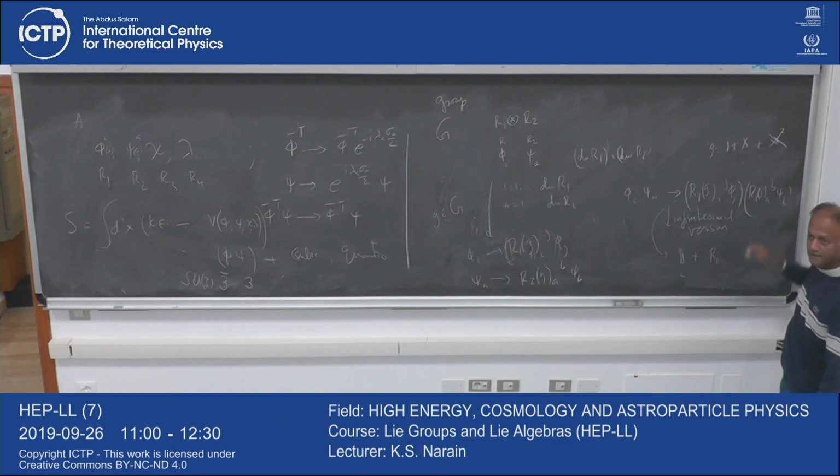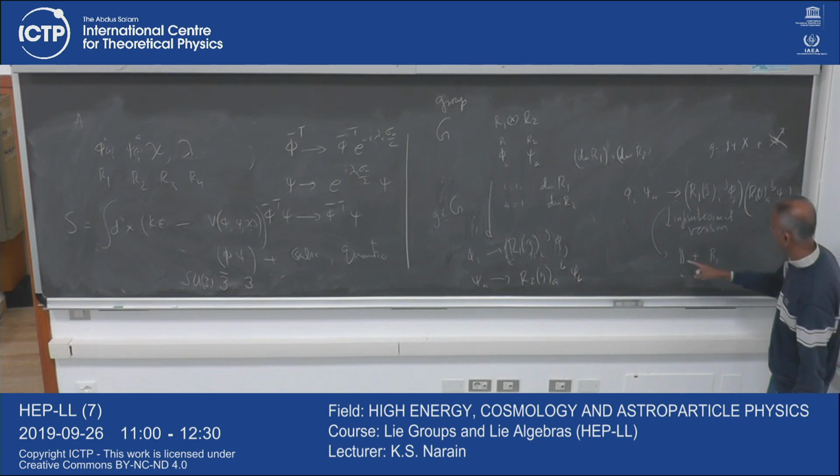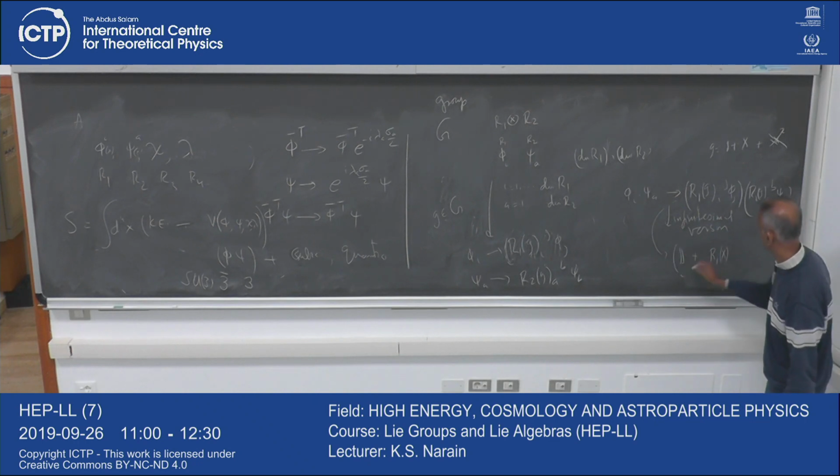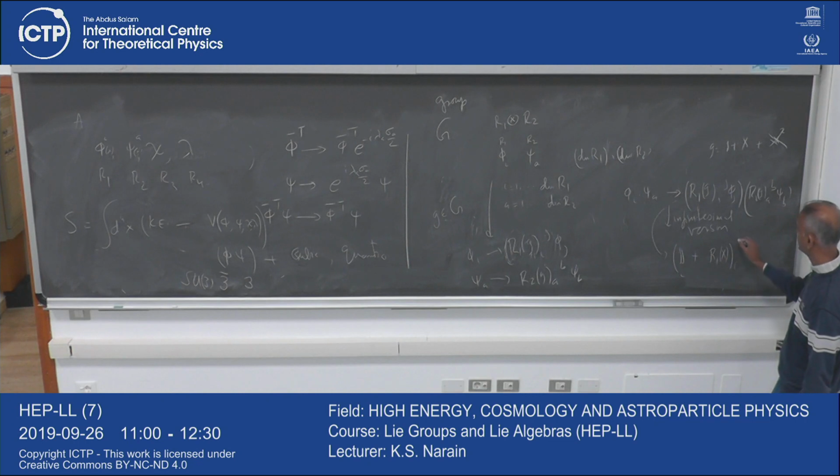So this will become identity plus R1 of X, with indices IJ. Similarly here it will become identity plus R2 of X, with indices AB.